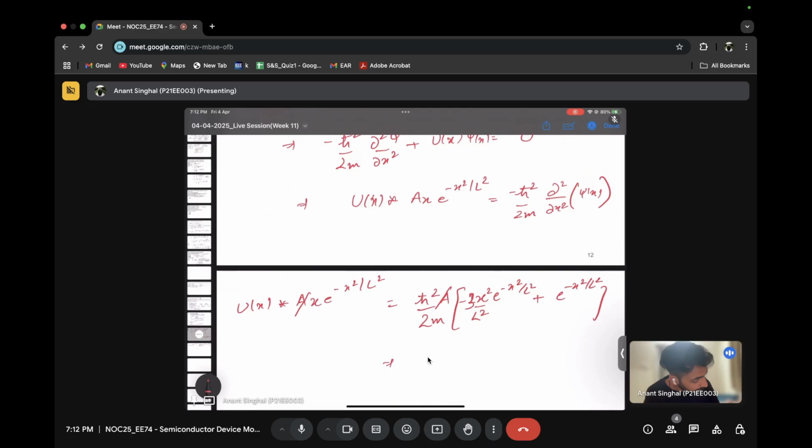So you are saying this is 3. How? The differentiation of this x square is 2x. That is what I wrote. Where is x cube?